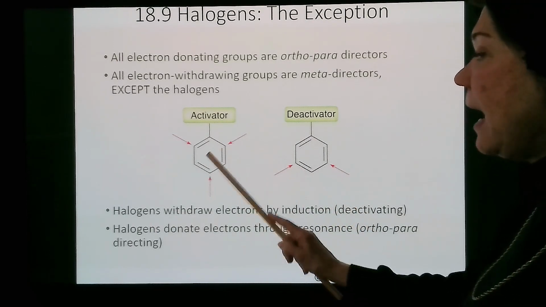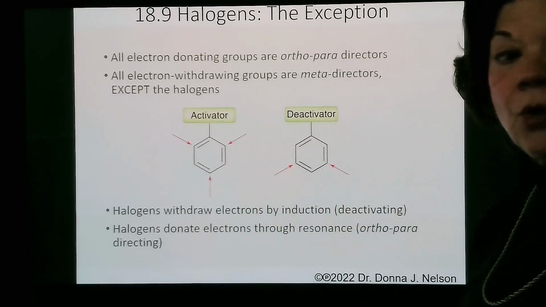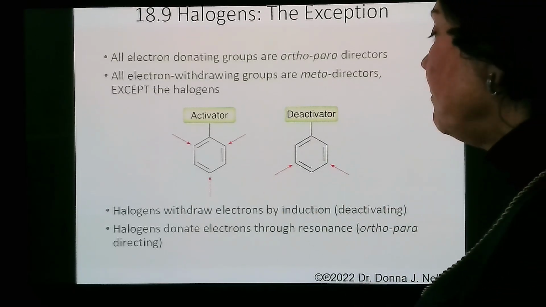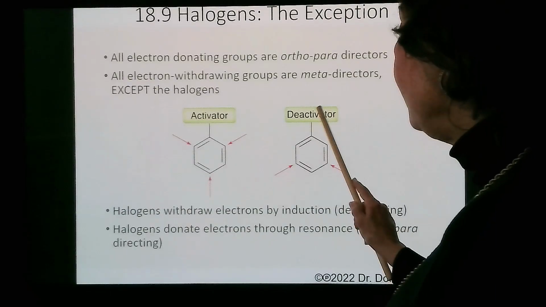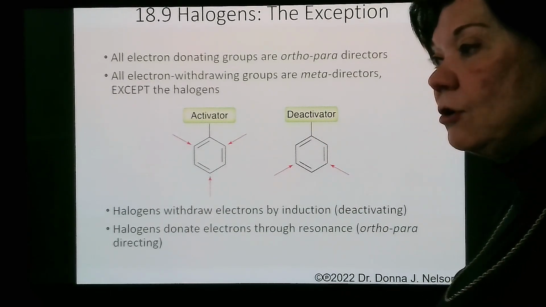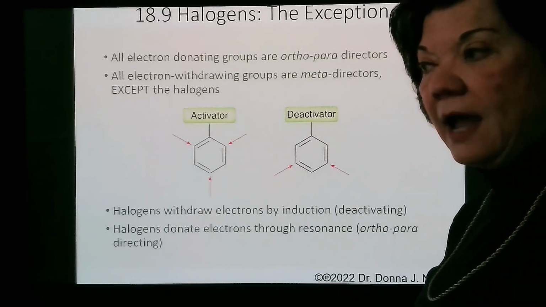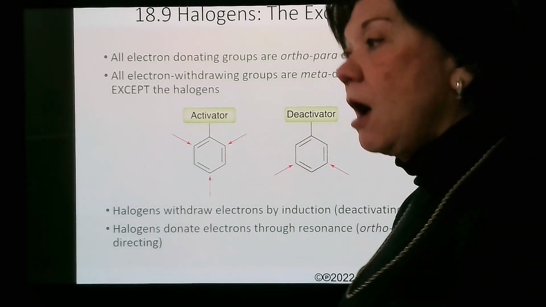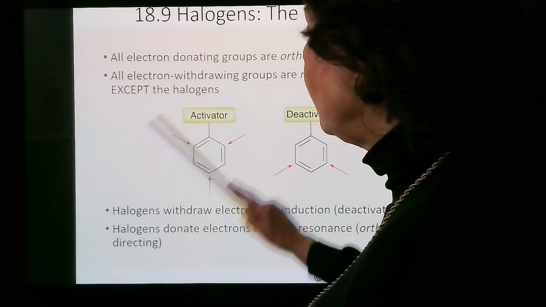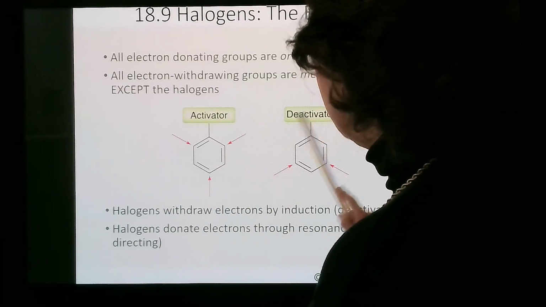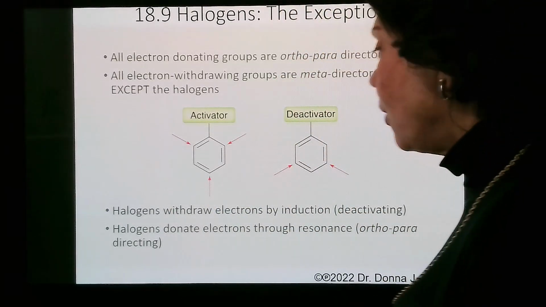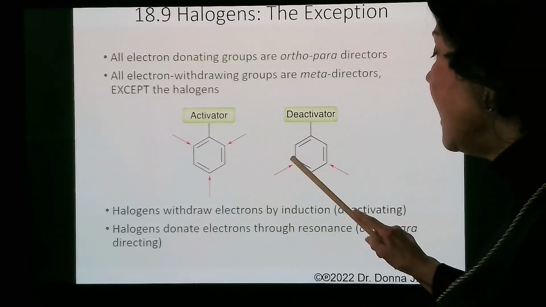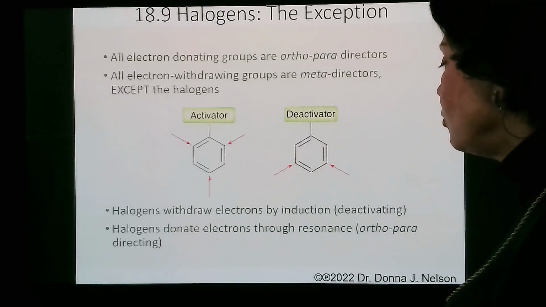Activating means rate increasing. Deactivating means that this substituent causes the reaction to occur at a slower rate than if it were not present. So activating means rate enhancing, deactivating means rate retarding. The activating groups are all ortho-para, deactivating are meta-directing.